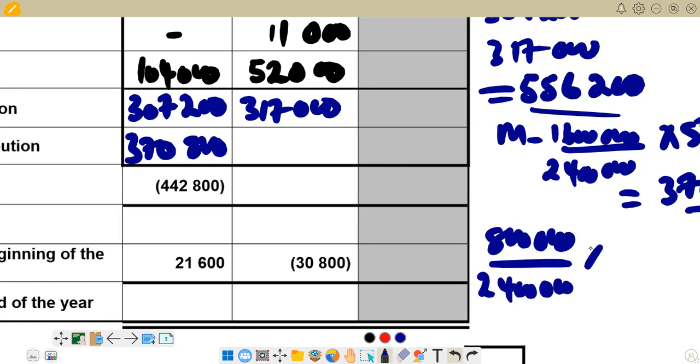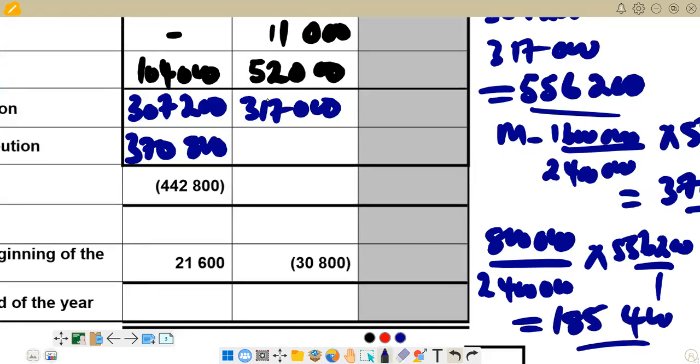This is the denominator, times this amount, 556,200 over 1. So if you multiply that one, we are going to get 185,400. So that's what we have for this one.